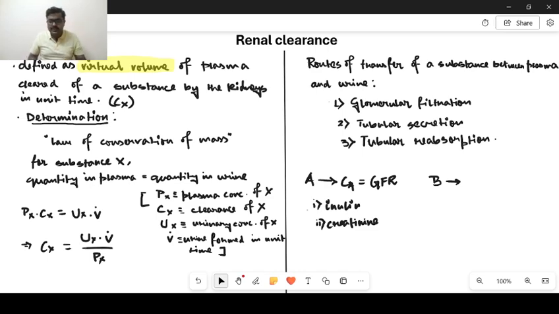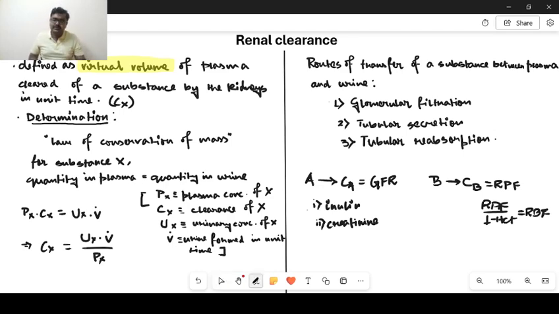The renal plasma flow. So clearance of B will reflect the renal plasma flow. If we know the renal plasma flow, we can also know the renal blood flow. We just divide the renal plasma flow by 1 minus hematocrit, and we get the renal blood flow, another important parameter for the kidney.